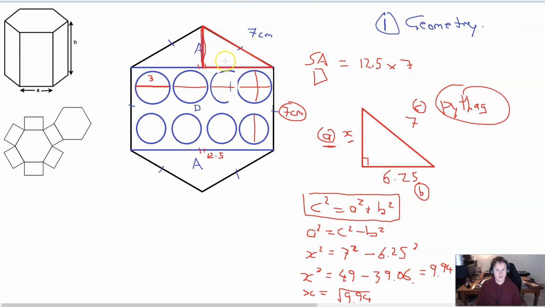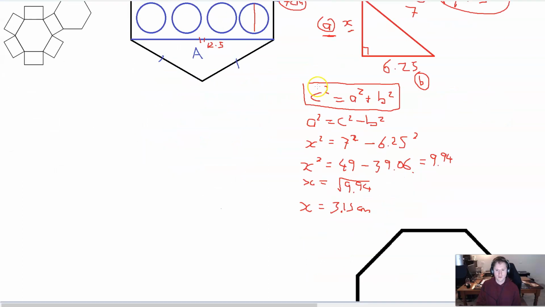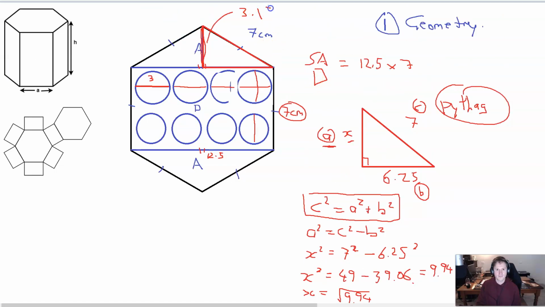Okay. So that tells me that this height here is 3.15 centimeters. Okay. So that gives me information to complete that triangle. So now I know that the surface area of this big triangle here, this whole thing, is going to be half times base times height.